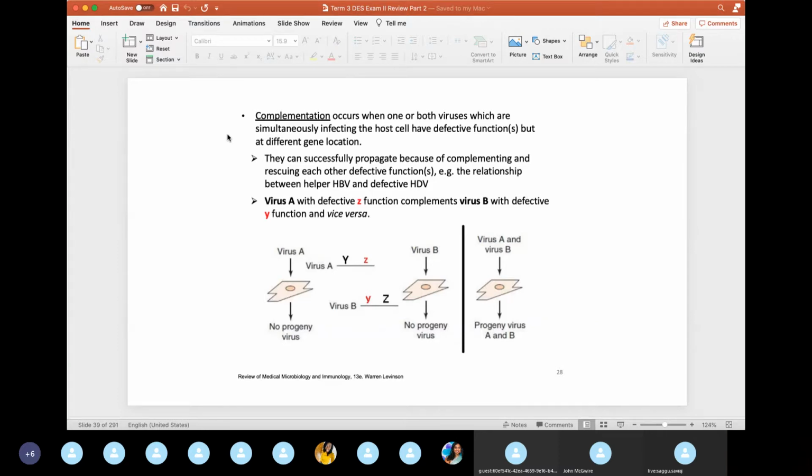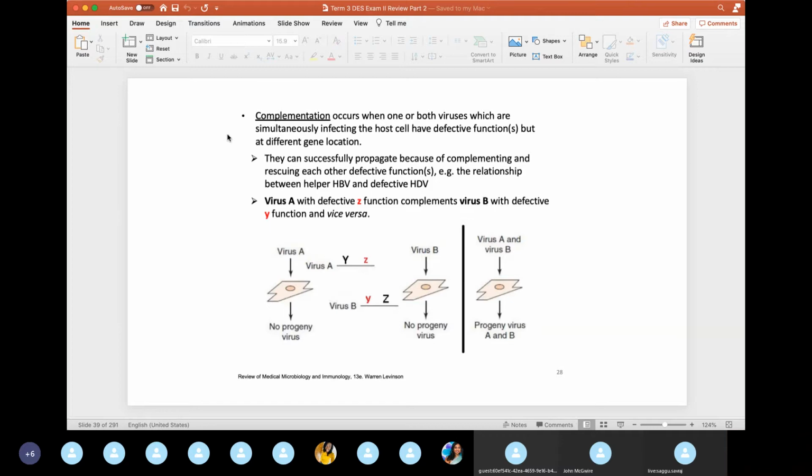Think about complementation, HBV, and the defective virus is HDV, right? Hepatitis delta compared to hepatitis B, right? So they complement each other. The surface antigen of HBV is given to HDV in order to infect a cell. That's why you usually have co-infection now.